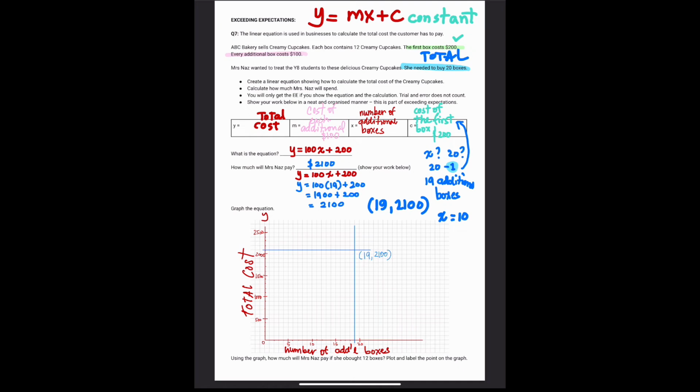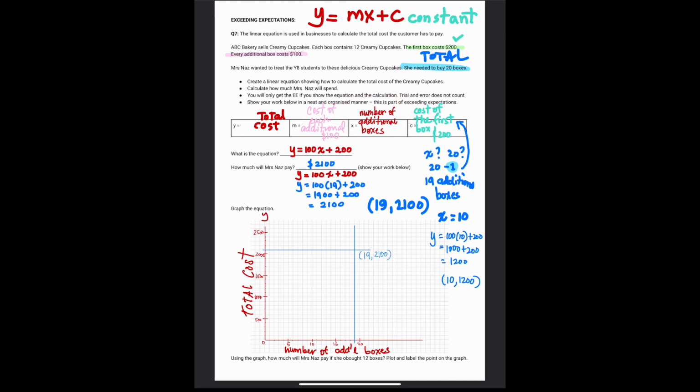So y is equal to 100 times 10 plus 200, which is $1,000, plus 200 equals $1,200. So our coordinate point is 10 and $1,200 if I buy 10 additional boxes. Remember, x is the number of additional boxes, not the total boxes.